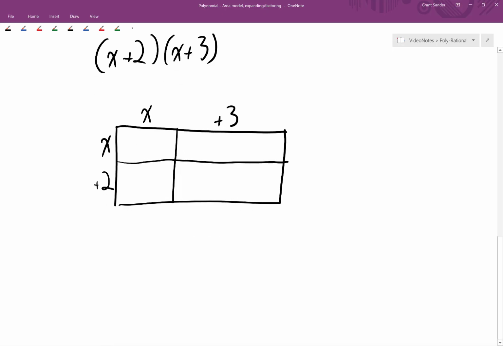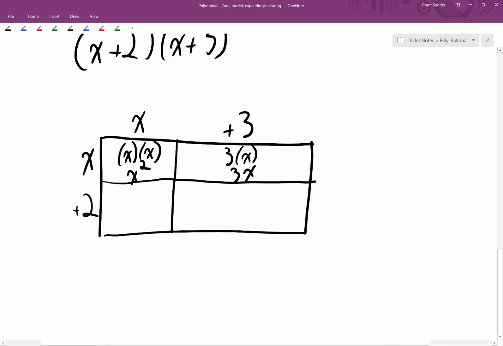So let's start with this top left one. It has an area of x times x, which is equal to x squared. Now the top right has an area of 3 times x, which is just equal to 3x. And then this bottom left one has an area of x times 2, which is equal to 2x. And then the bottom right one has an area of 3 times 2, which is equal to 6.